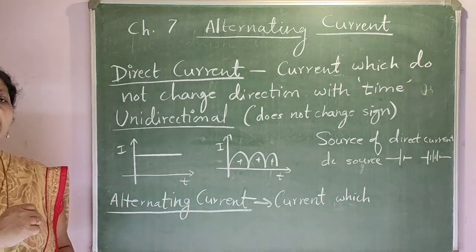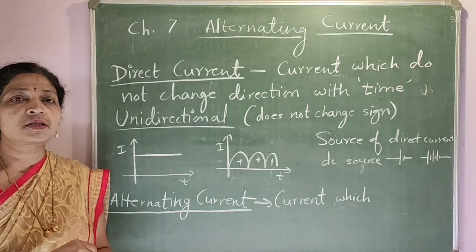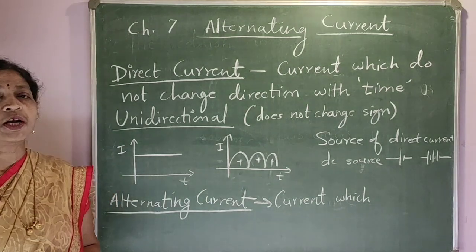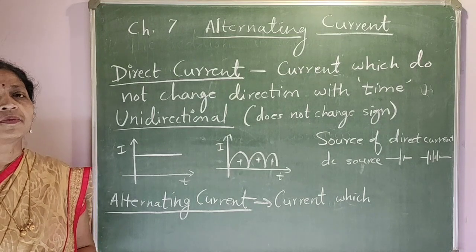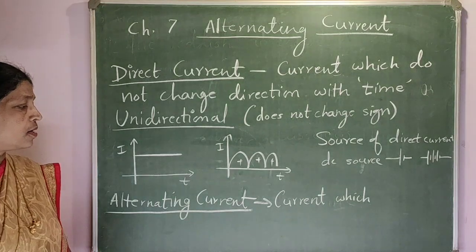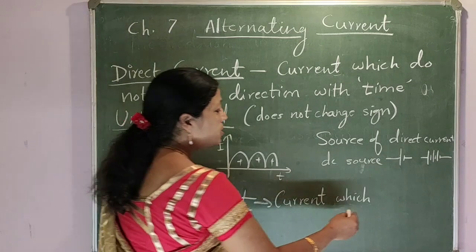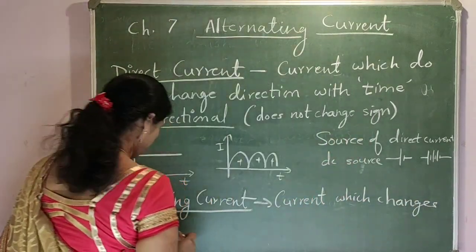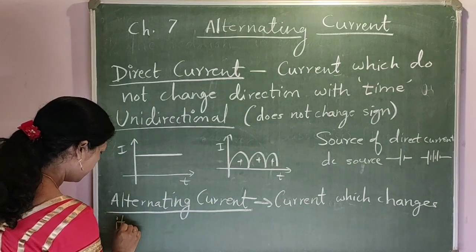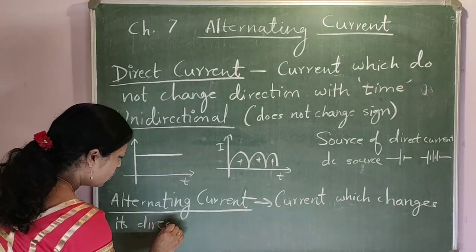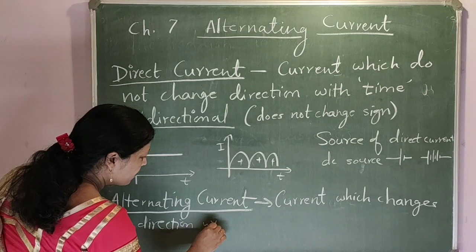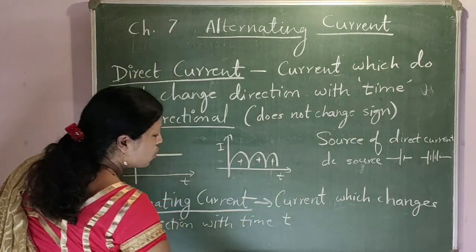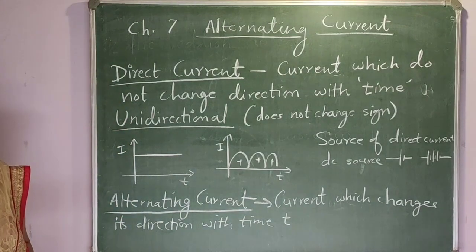But in our house, office, industries, everywhere we have alternating voltage and alternating current. So what is alternating current? A current which changes its direction with time is called alternating current.